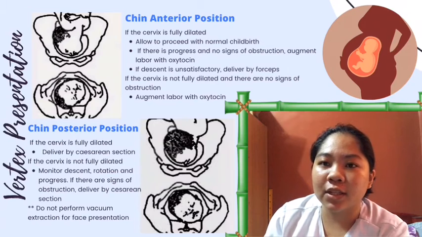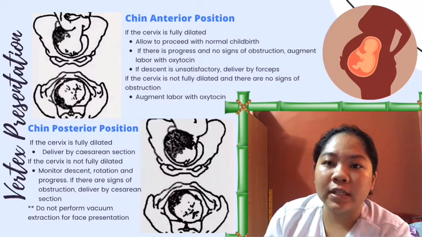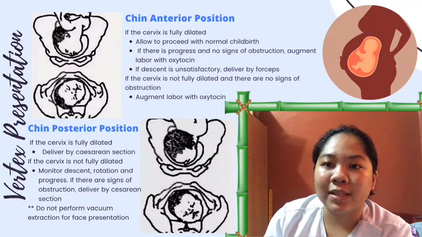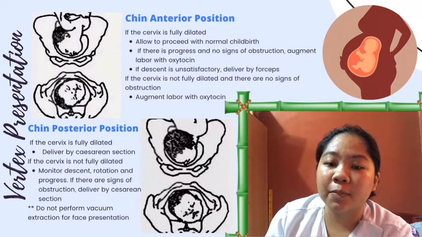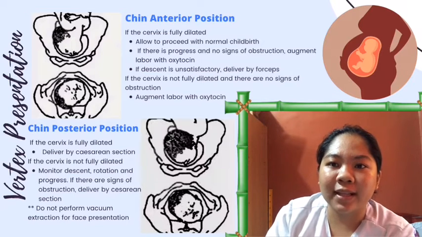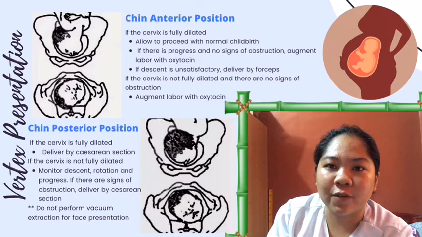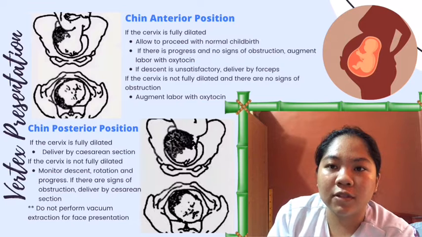In the chin anterior position, if the cervix is fully dilated, allow to proceed with normal childbirth. If there is progress and no signs of obstruction, augment labor with oxytocin. If descent is unsatisfactory, deliver by forceps. If the cervix is not fully dilated and there is no sign of obstruction, augment labor with oxytocin.